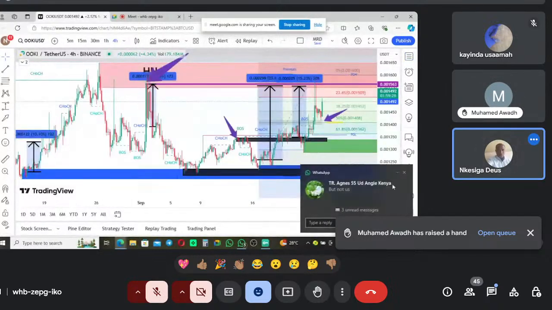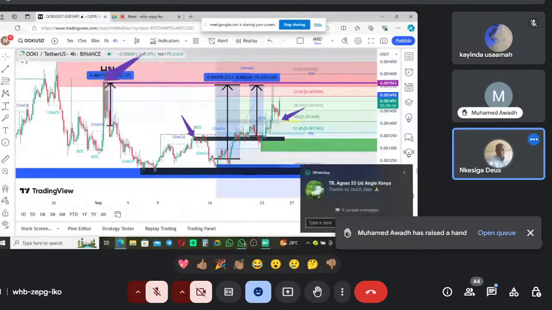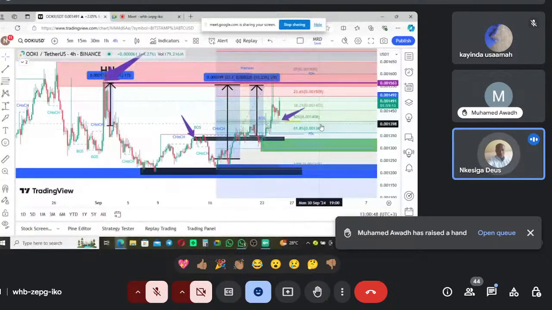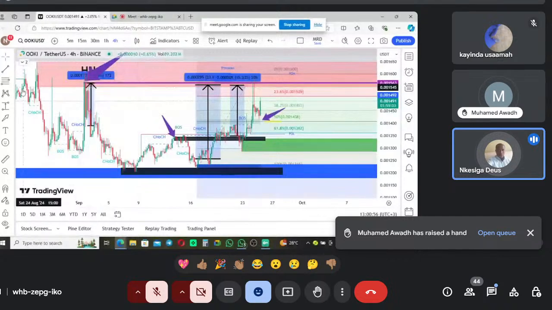What is the difference between confirmation and retesting? Confirmation and retest. There's no difference. It's the same. We say the market is retesting, it is confirming. So it's like here.